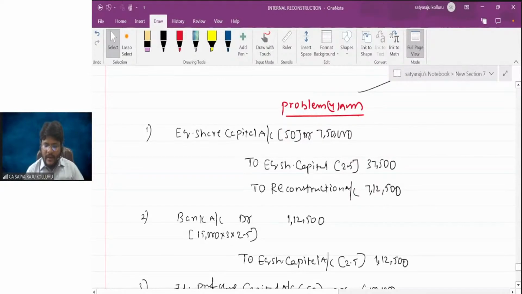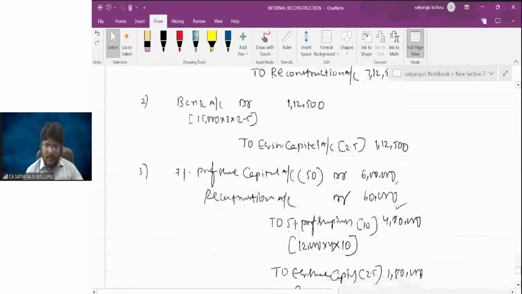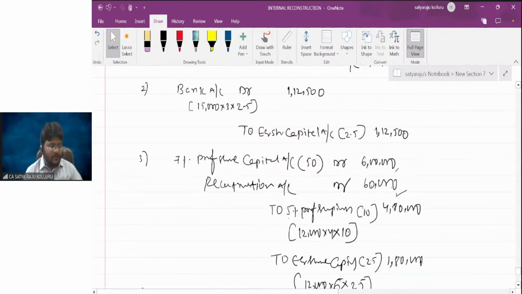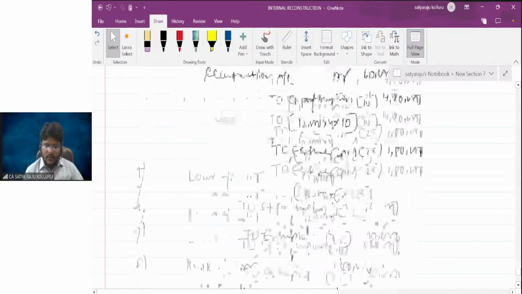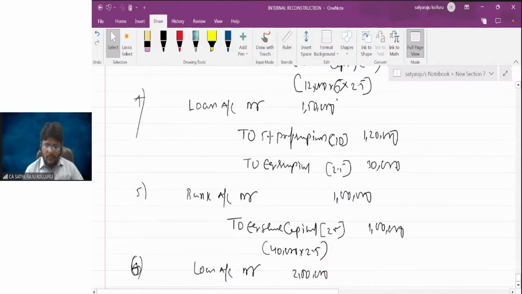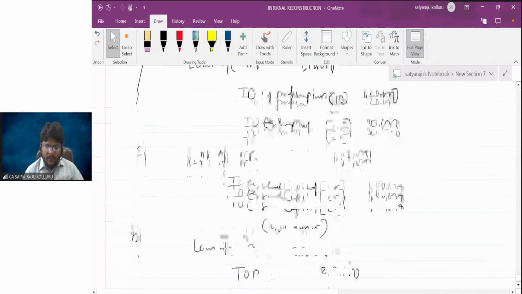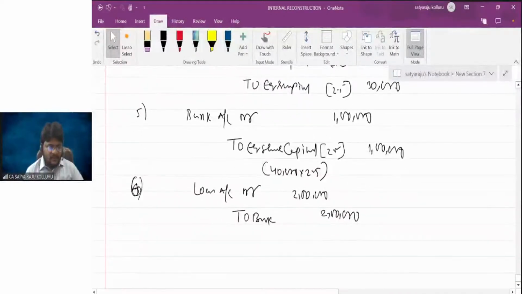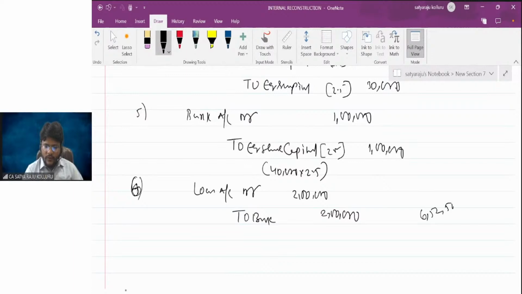In the first entry, how much balance is there under reconstruction? 7,12,500. Second, nothing. Third, minus 60,000 because reconstruction is on the debit side. Fourth, nothing is there. Fifth, nothing. Sixth, nothing. That means I have with me under reconstruction 6,52,500, which is the balance in reconstruction.